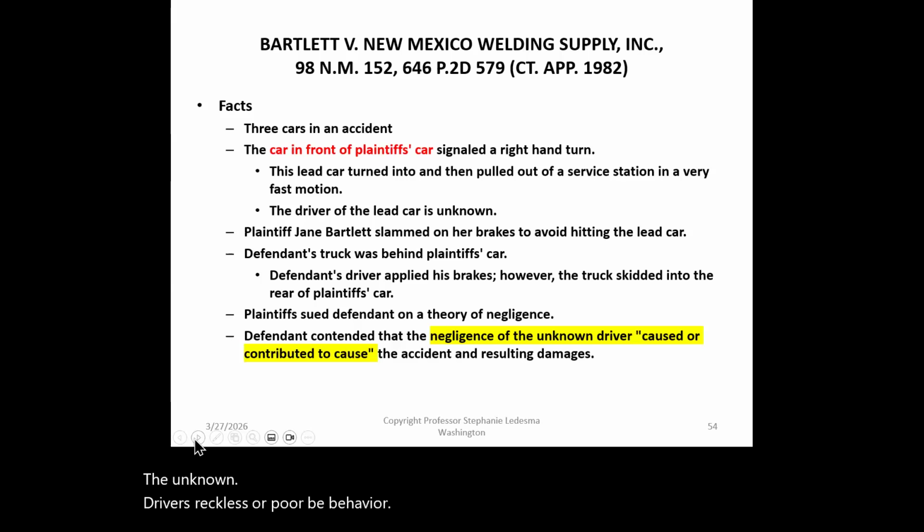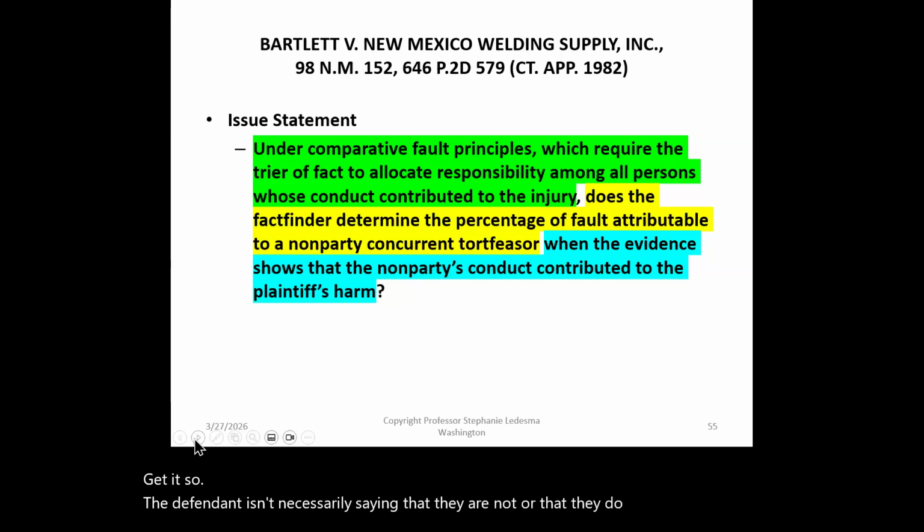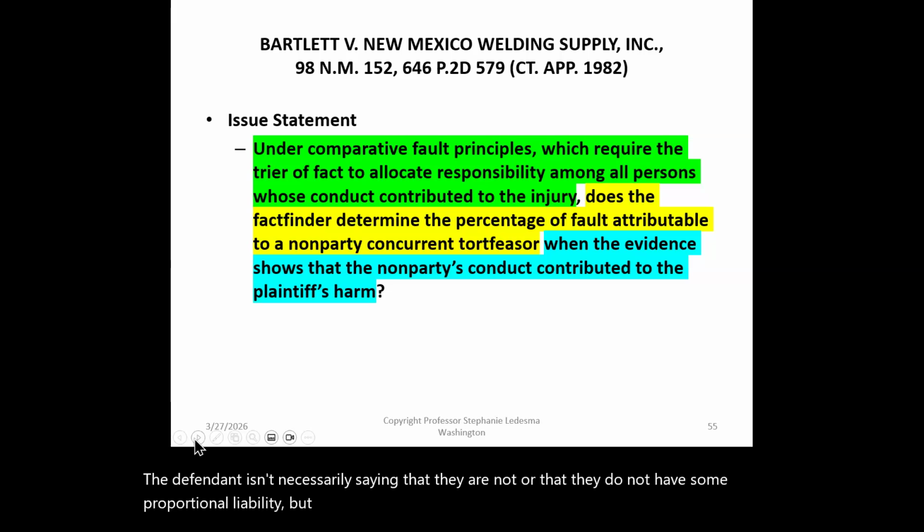Get it? So the defendant isn't necessarily saying that they do not have some proportional liability, but they're saying I shouldn't take all of the liability because some of this was caused by this unknown driver.